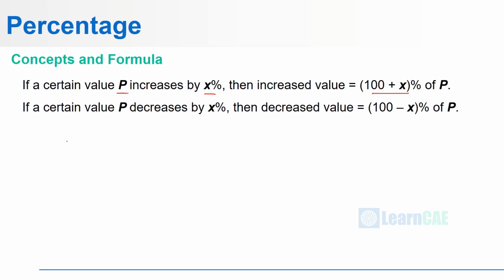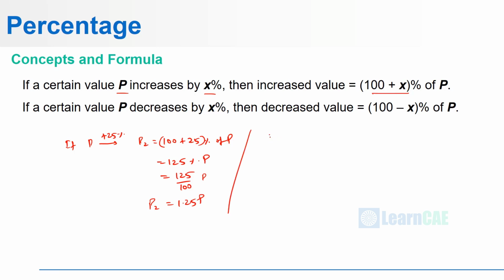For example, if p is increased by 25 percentage, it means the new value p2 will be equal to 100 plus 25 percentage of p, that is 125 percentage of p. This is nothing but 125 by 100 p, again it is 1.25 p. It means the new value is 25 percentage more than the old value.